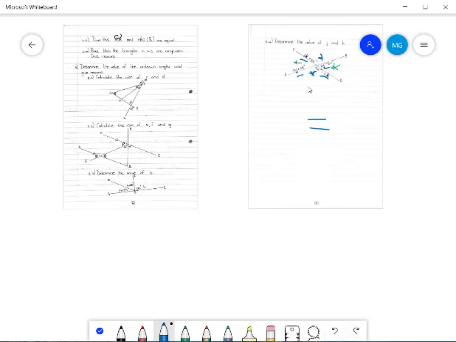Okay, so let's start with k. We're going to figure out k first. So 3k plus 66, that's the one angle, is equal to 146 minus 5k. That's the other angle. Okay, so again, just simple algebraic equations.